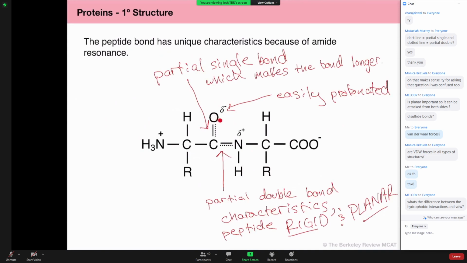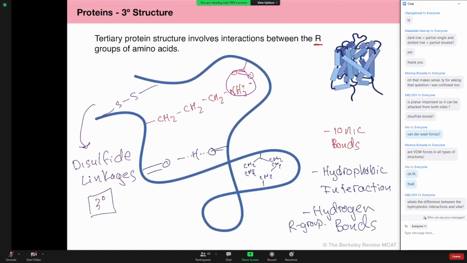So if you have things that just carry a slightly negative, and then maybe there's another species that carries a slightly positive, they'll end up being more attracted to each other, right? Versus hydrophobic interactions where you have non-polar hydrophobic residues being attracted to each other, right? Like these two right here.